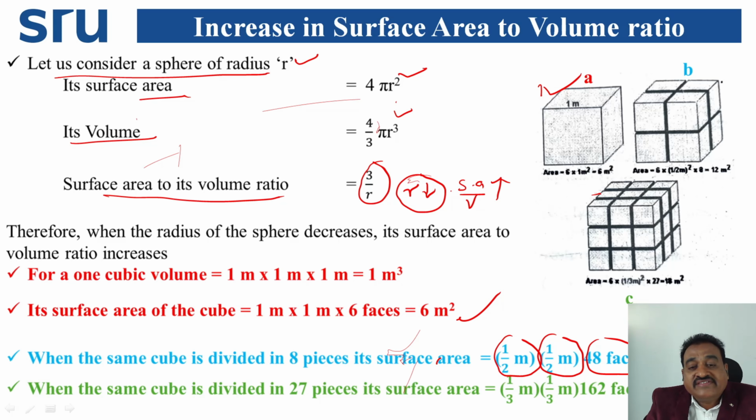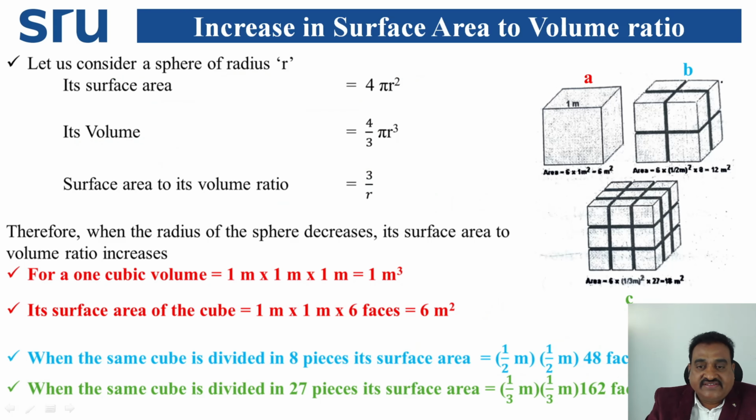When the same cube is divided into 27 pieces, the surface area is 1 by 3 meter into 1 by 3 meter into 162 faces. So 162 by 9, 18 meter square. We can also understand in this process. So this is 6 meter square, this is 12 meter square, this is 18 meter square.